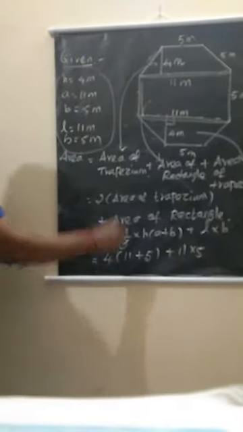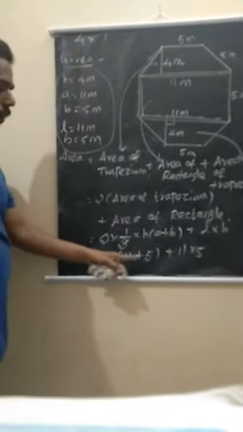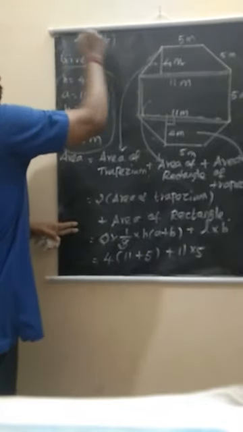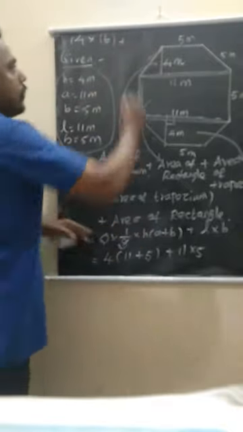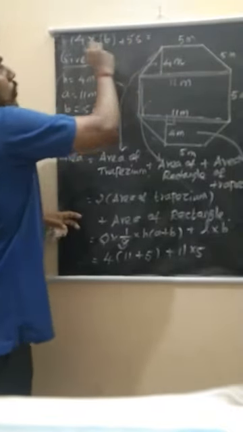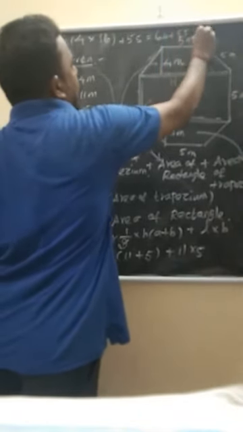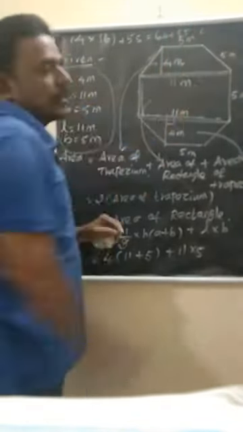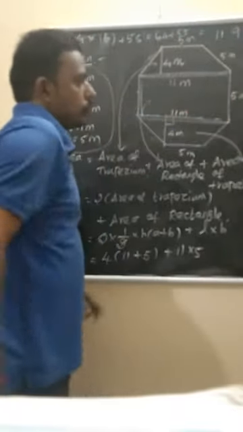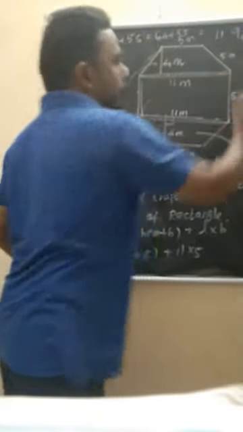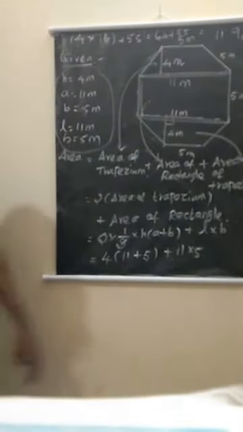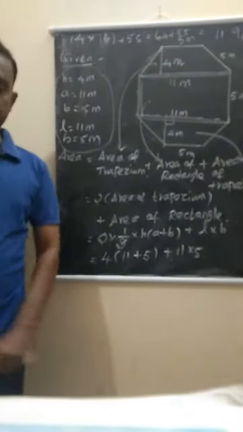So that is 4 into 16, plus 11 into 5, 55. So 4 16s are 64, plus 55, 64 plus 55 is 119. Finally all are in meters, so meter square. So this is the area of the given shape. Study well. Thank you.